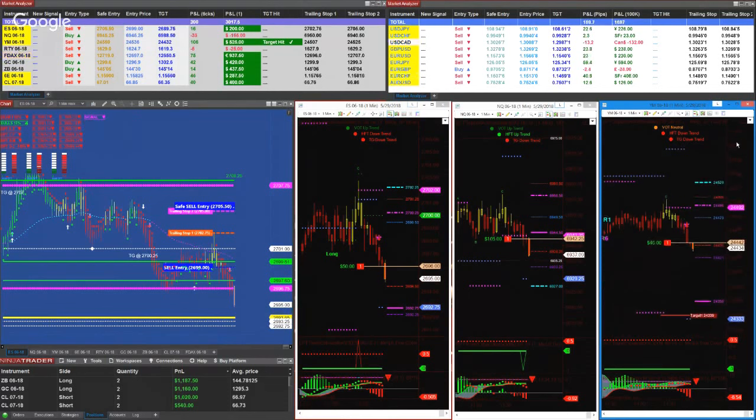Come to Papa. Okay, guys, here is your target right there on the NASDAQ. Your NASDAQ target is 69.29.25. ES target, close position at 26.92.75.